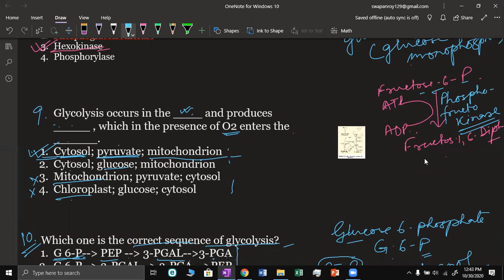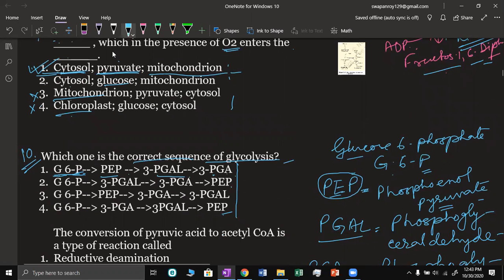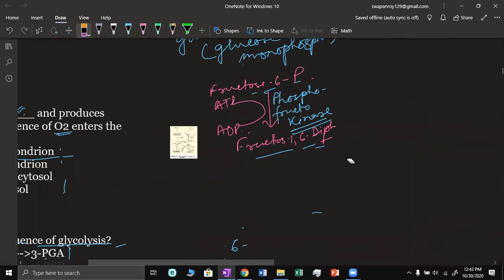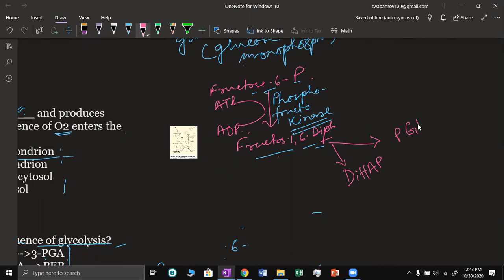Fructose 6 phosphate changes into fructose diphosphate, and this fructose diphosphate changes into two molecules: dihydroxyacetone phosphate and phosphoglyceraldehyde.